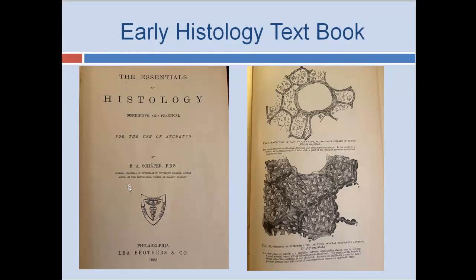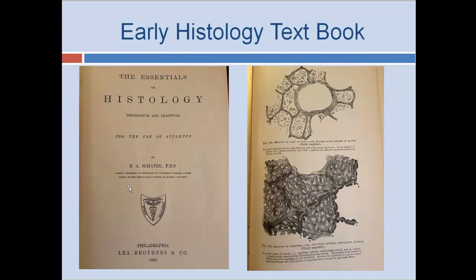So just back up. The textbook in the course are my lectures that are in the form of PDFs as well as narrated and dynamic. I don't assign a textbook other than the lab manual, because the lectures and the PDF and the narration suffice as the text. But one of the earliest textbooks was by E.A. Schaefer at the University College in London.